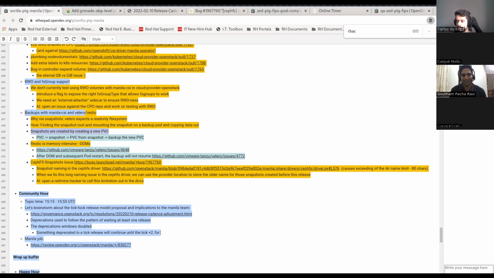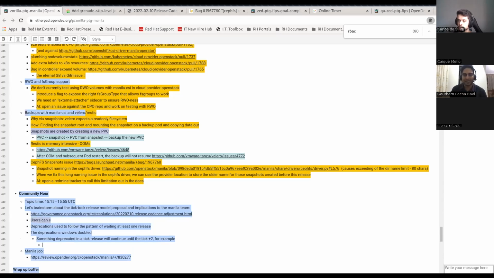It's not that the OpenStack community can somehow support that, right? So if something comes from upstream of OpenStack, these rules do not apply. But for the most general case, if something is deprecated in a tick release, it will be kept around until two tick releases after, when we will end up removing support for it.